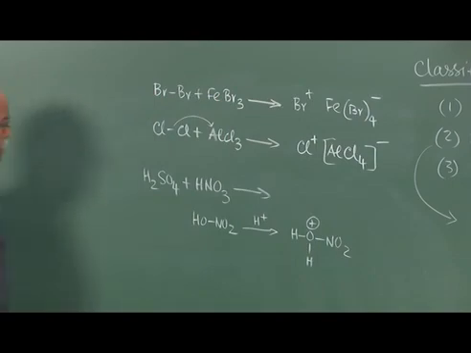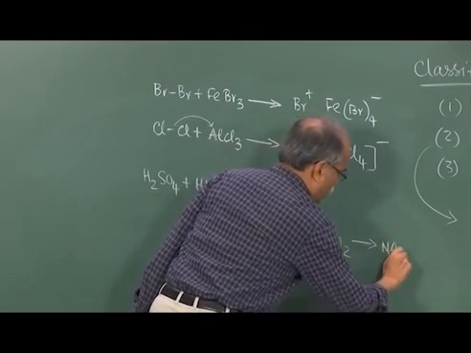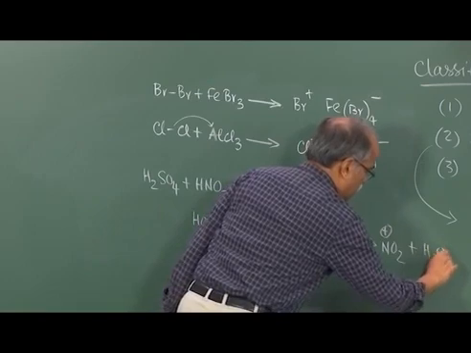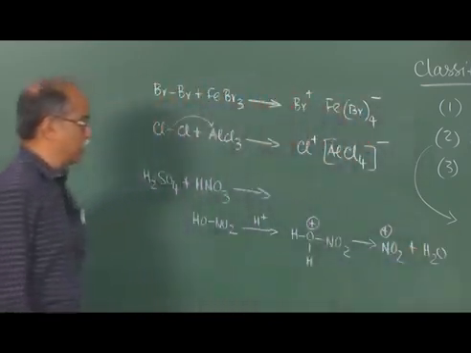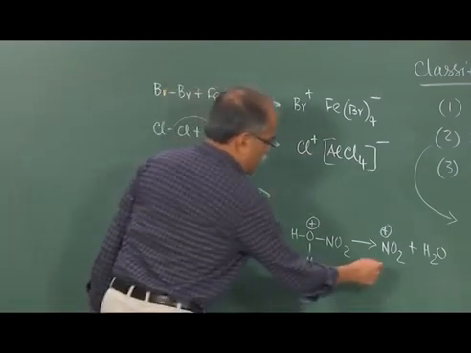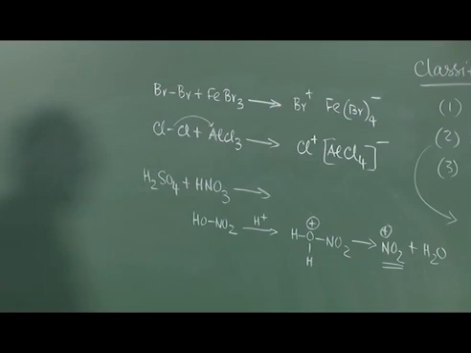So, this protonation essentially results in the formation of NO2 plus and water. The water is, of course, taken up by concentrated sulfuric acid. So, this is a standard way of producing the nitronium ion, which is an electrophilic reagent in organic chemistry.